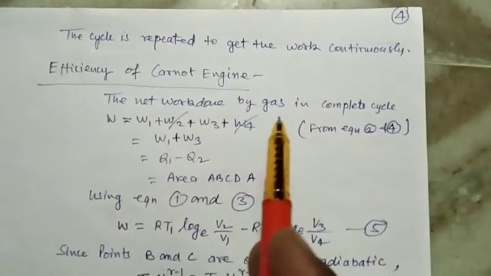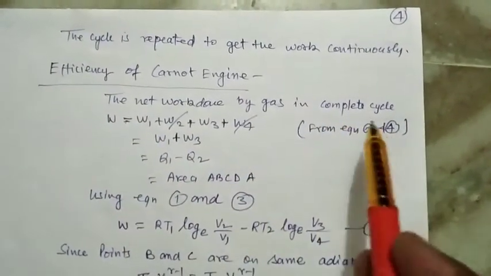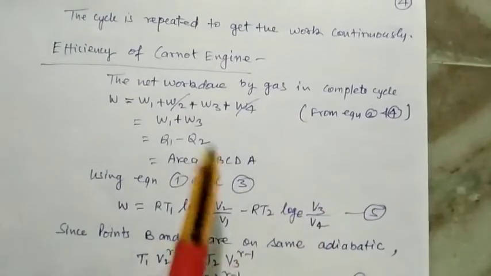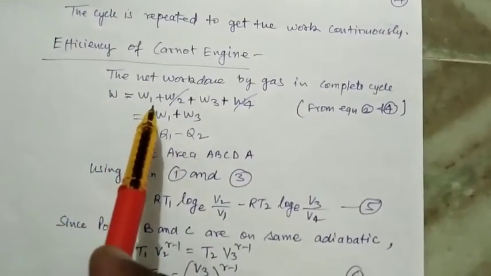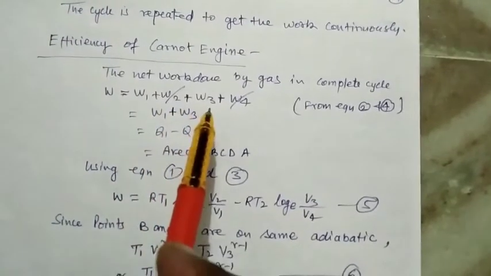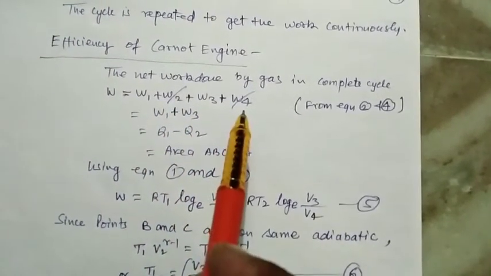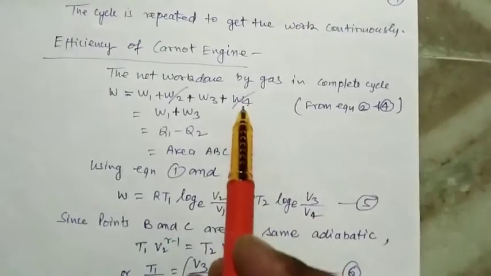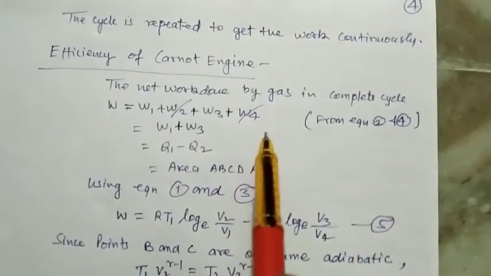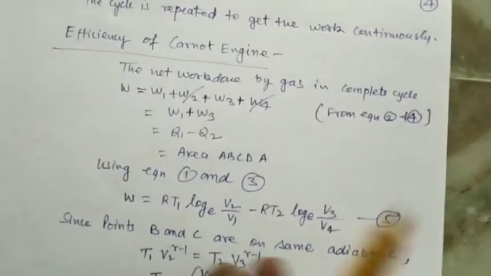The net work done by the gas in the complete cycle is equal to the sum of all work done. W is equal to W1 plus W2 plus W3 plus W4. But if we see equations 2 and 4, they are equal and opposite in sign, therefore cancelled.